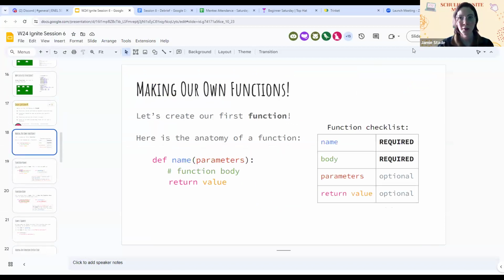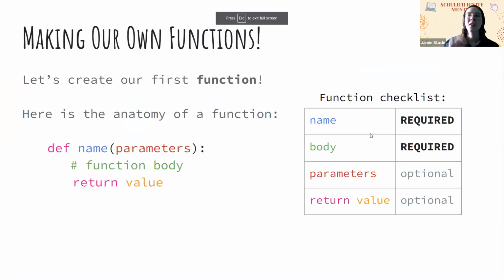Okay, so let's look at how we define functions in Python. Here is the breakdown of what a function will look like. We always define functions using the def keyword for define. We've seen this already for setup and draw. So any other function we want to define, we use the def keyword, same way we would with those functions.